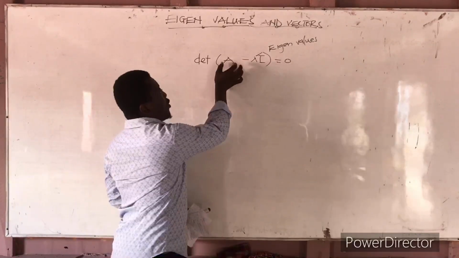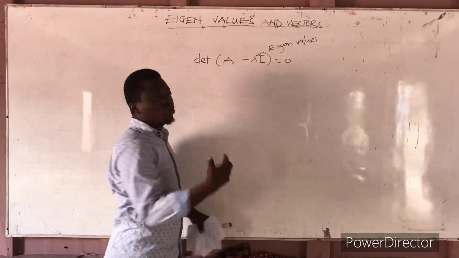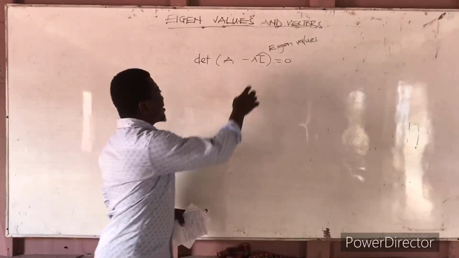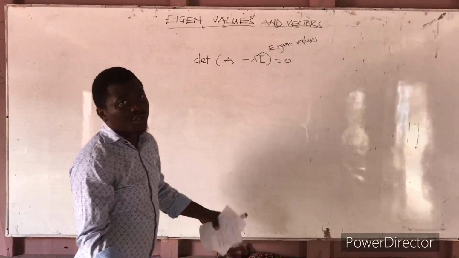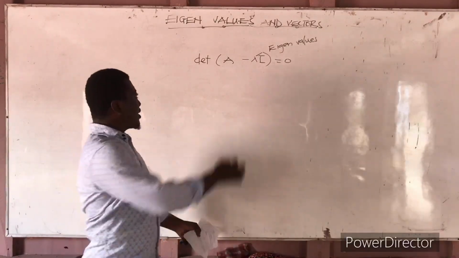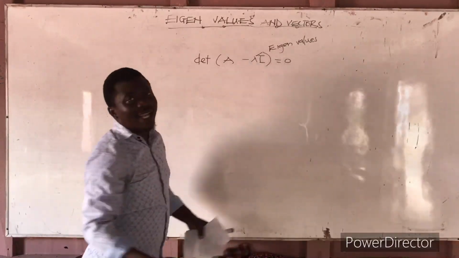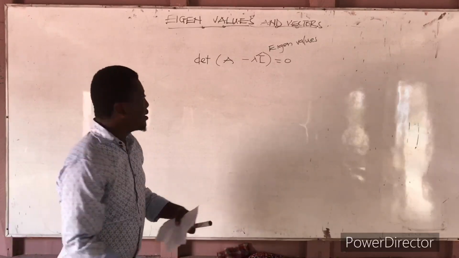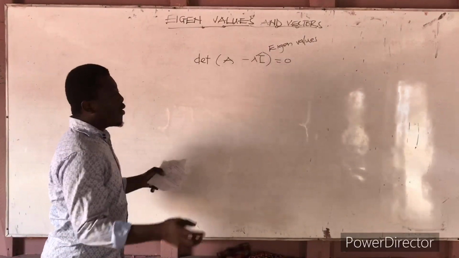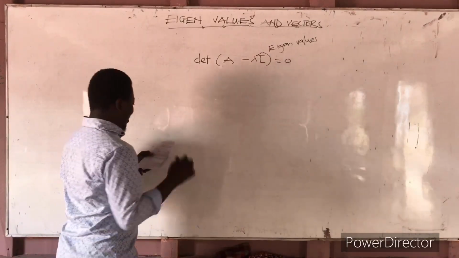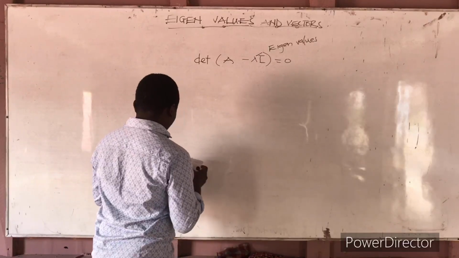If the matrix A is 2 by 2, you write I as a 2 by 2 identity matrix. If it is 3 by 3, you write a 3 by 3 identity matrix. Now let's take an example and see what I'm talking about.